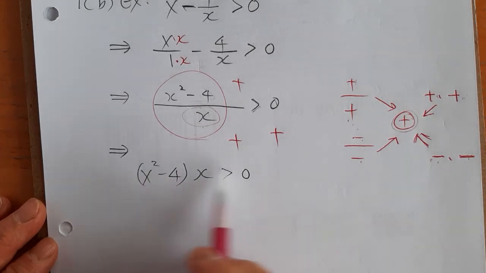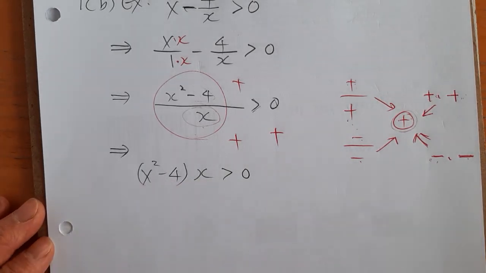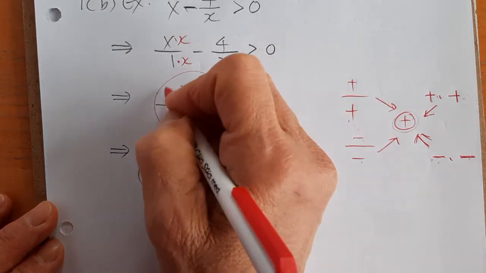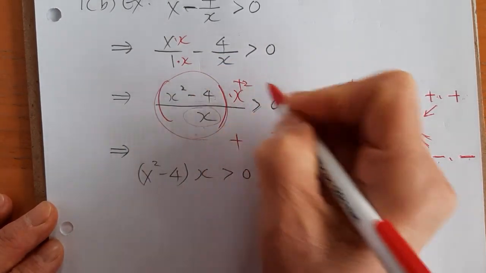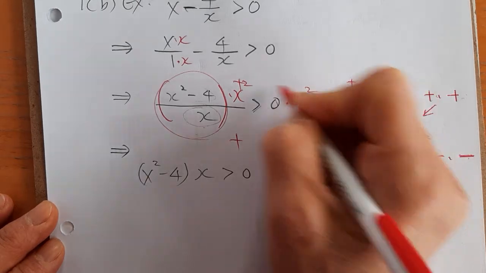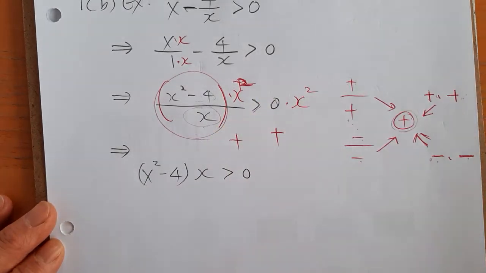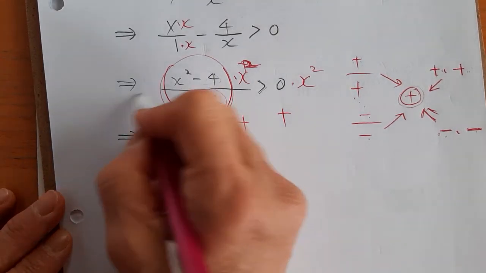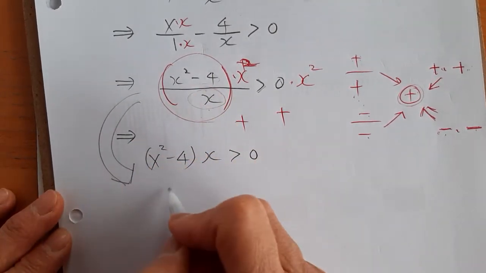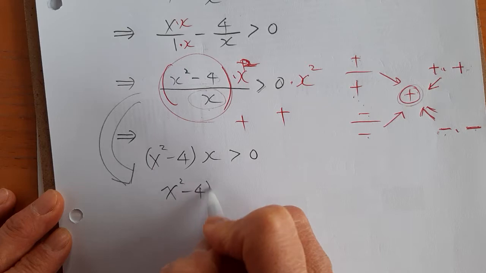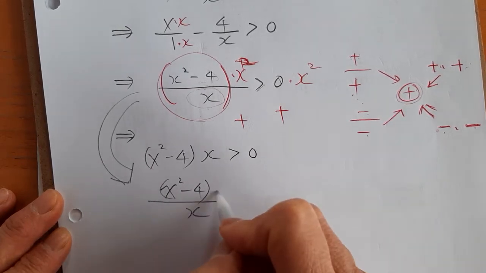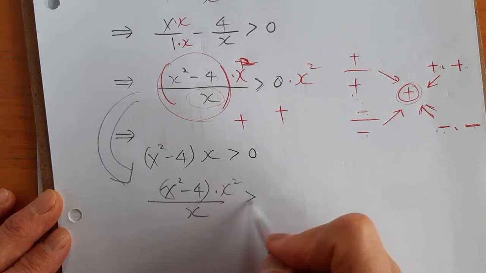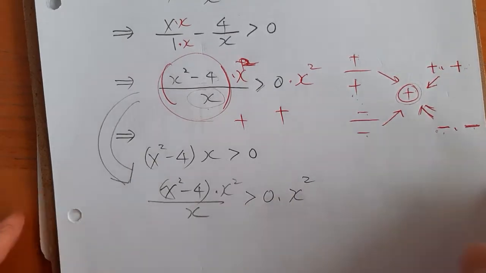But if you couldn't do it this way, there's another way to do it. Another way is you multiply this side by x squared, and this side times x squared also. Then you do x squared minus 4 over x times x squared, and the other side is 0 times x squared.